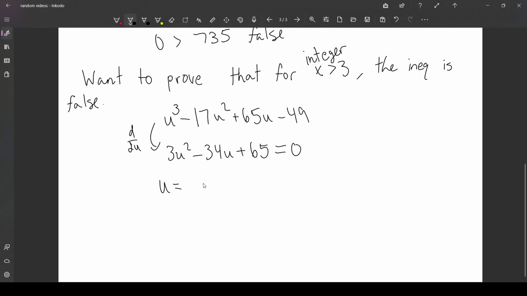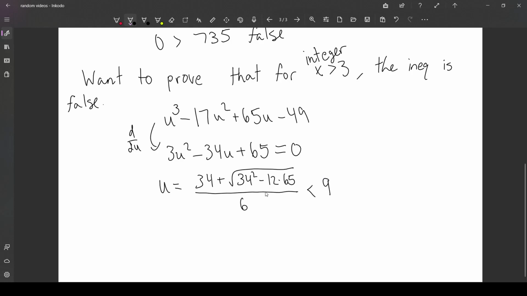And so the solutions to this are 34 plus or minus, and we only want the plus, right? We want the bigger root. We want the plus square root of 34 squared minus 12 times 65, all over 6. And so we claim that this is less than 9.